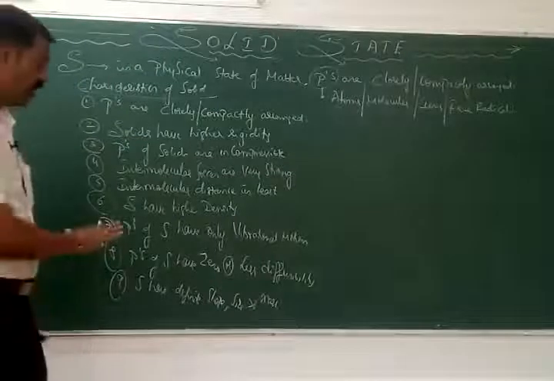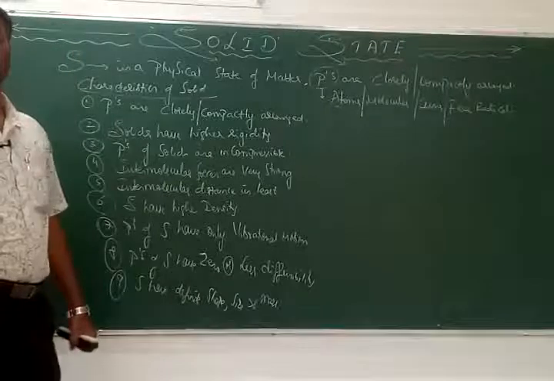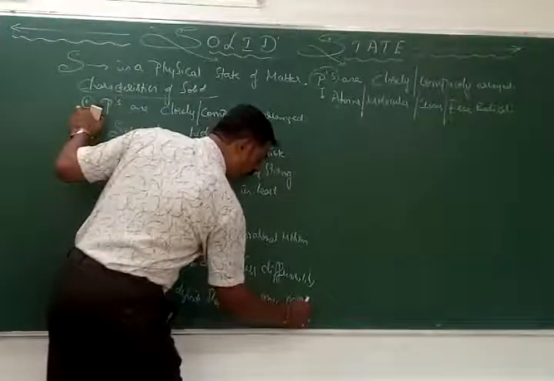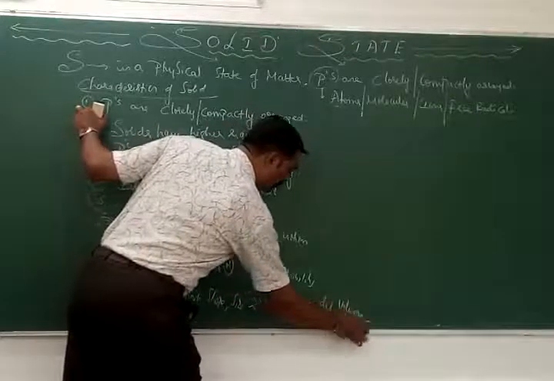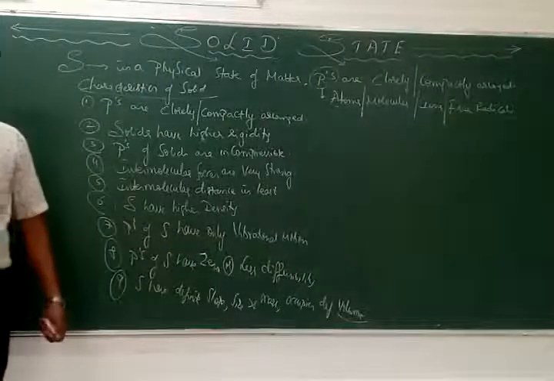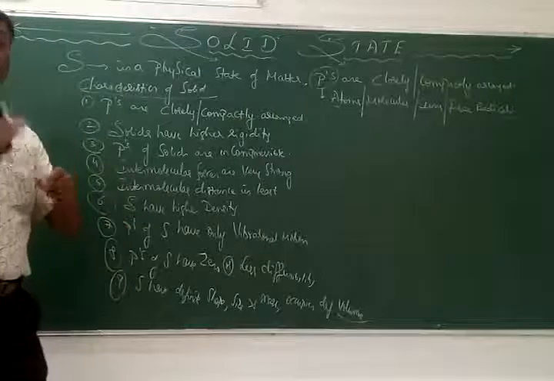So generally solids have a definite shape and size, along with a definite mass, and occupy a definite volume. The definite volume is because the particles are very close and compact.